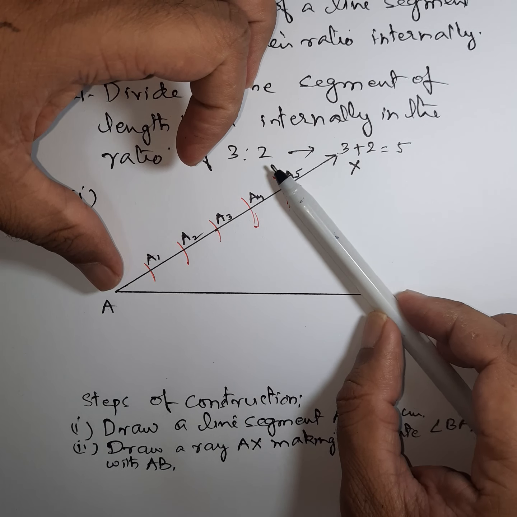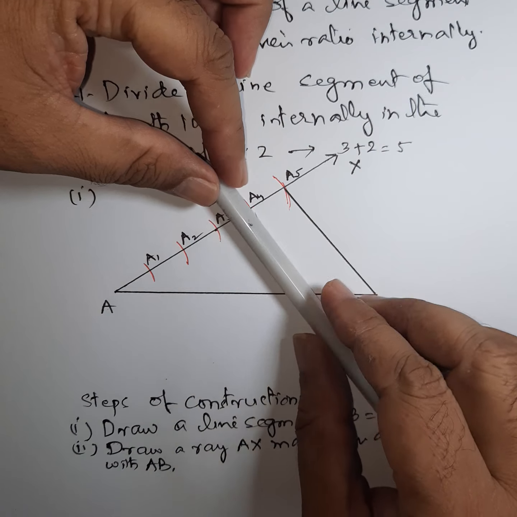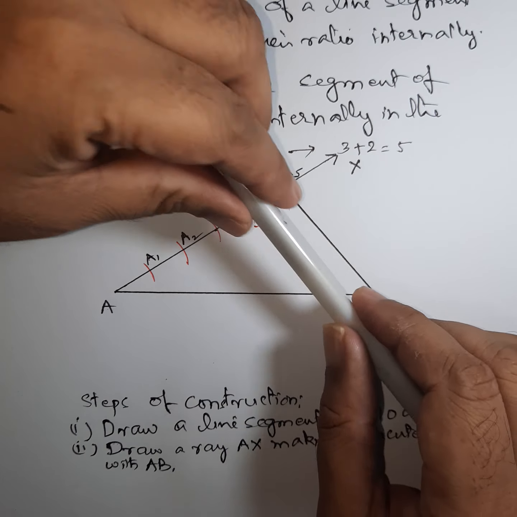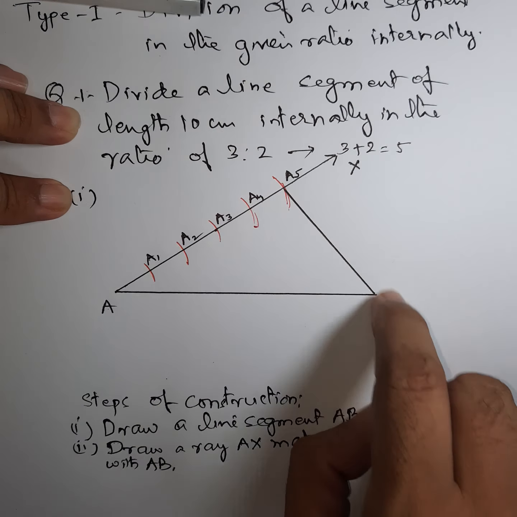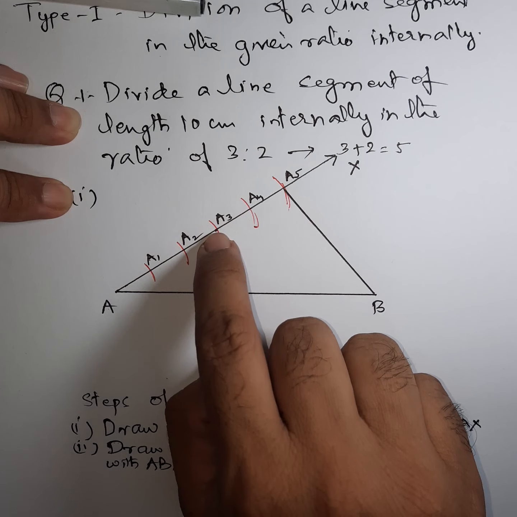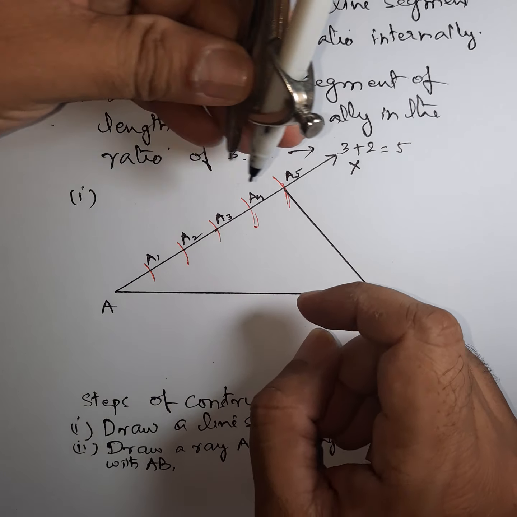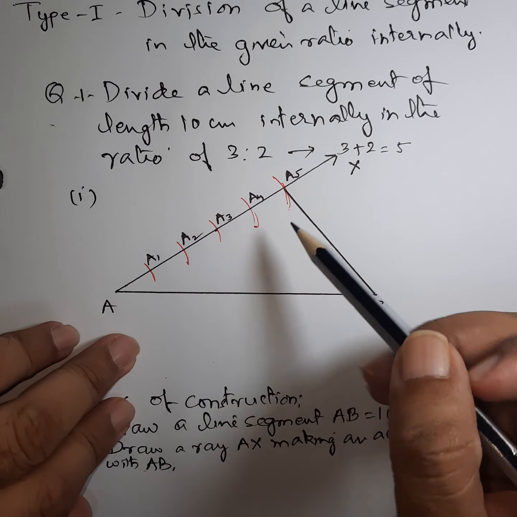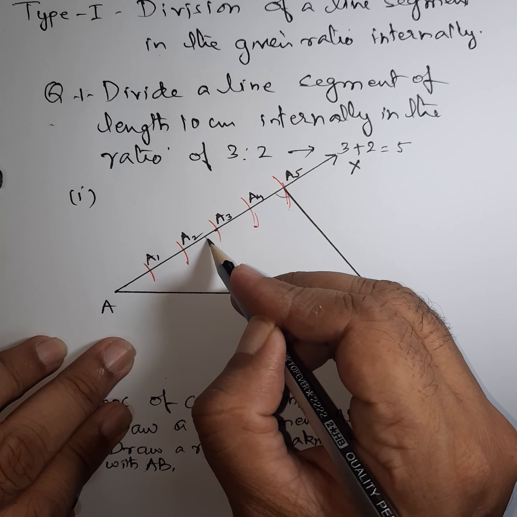Whatever angle A5B is making with AX, the same angle we need at A3.